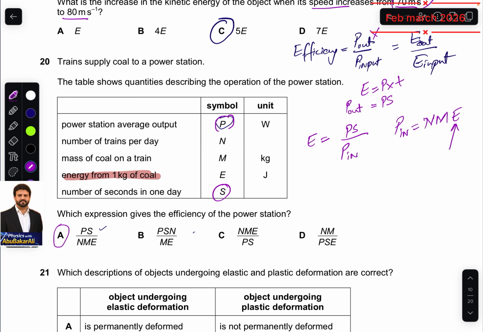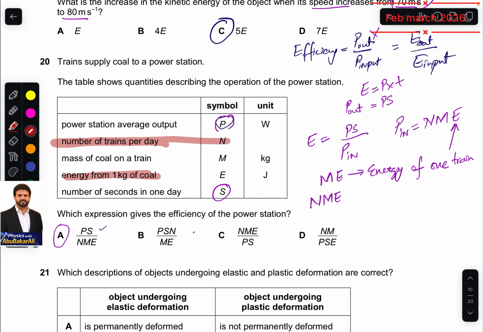So when you multiply 1 kg with m, basically me is giving you the energy of one train. And when you multiply by n, what is n? N is basically the number of trains. So it is the total energy from all trains.